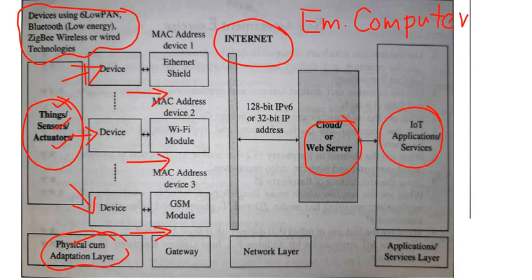So your devices will be able to communicate to the internet, and you can either use the Ethernet shield, or the Wi-Fi module, or the GSM module need based, right, by virtue of the gateway. Very, very important. I have already told you earlier also what exactly we mean by the gateways.